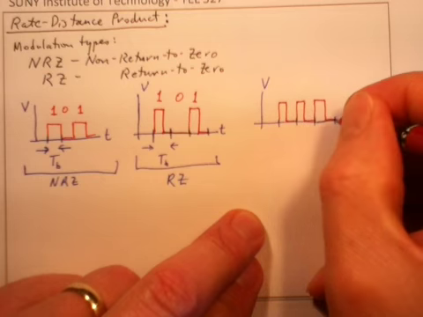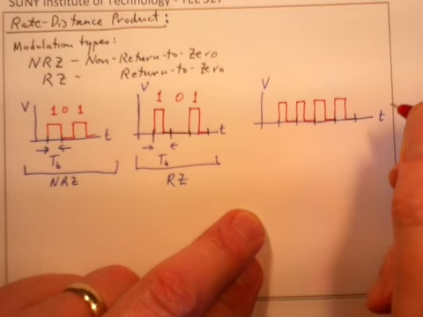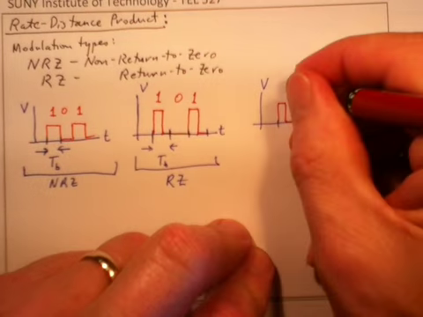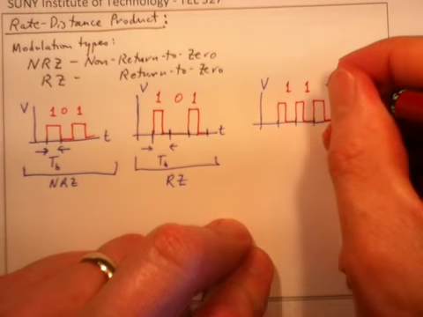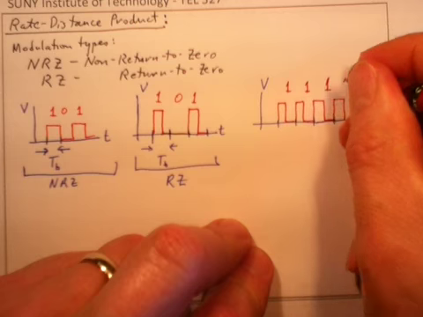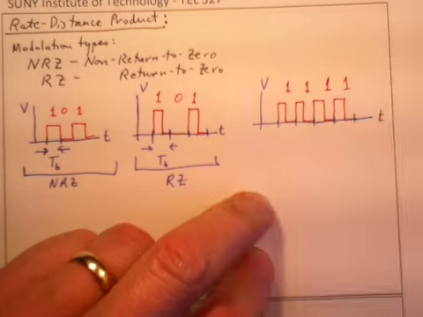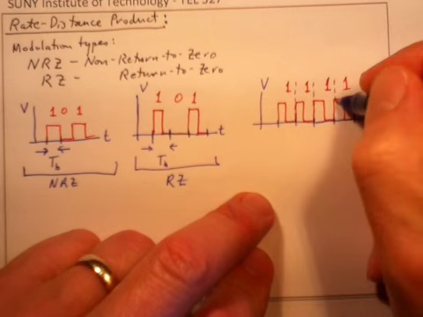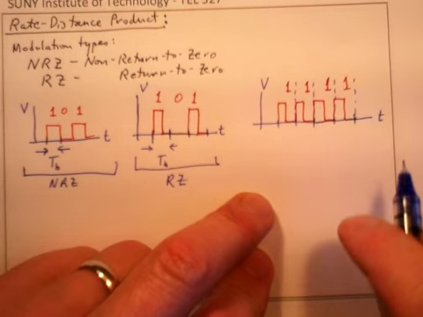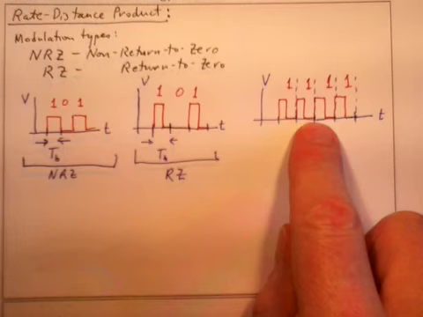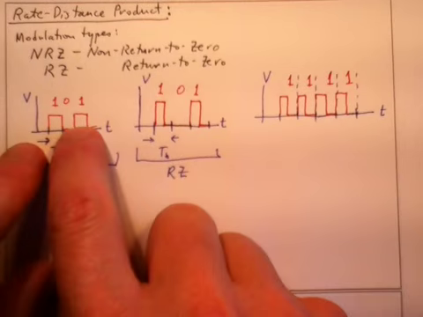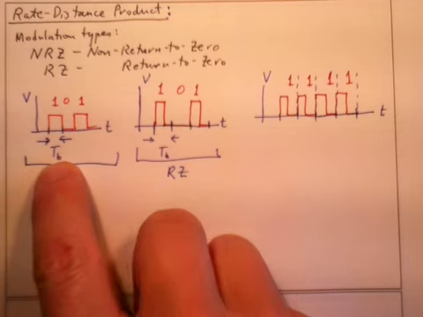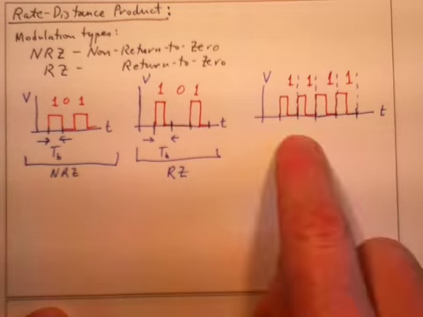In other words, the spectrum occupied by the RZ signal is twice as wide as the spectrum occupied by the NRZ signal. So here are the bit period boundaries in this picture. You can see that the highest frequency square wave I can get in the NRZ case is equal to 1 over the bit period, whereas here it's twice.